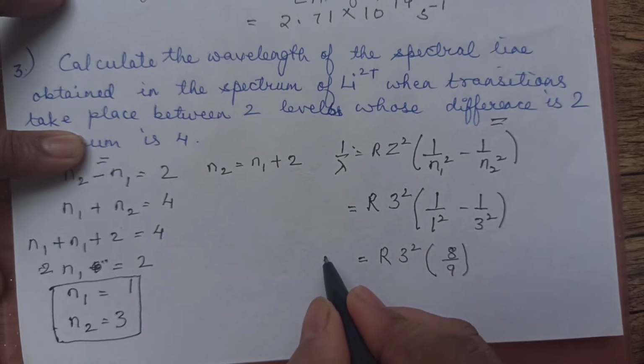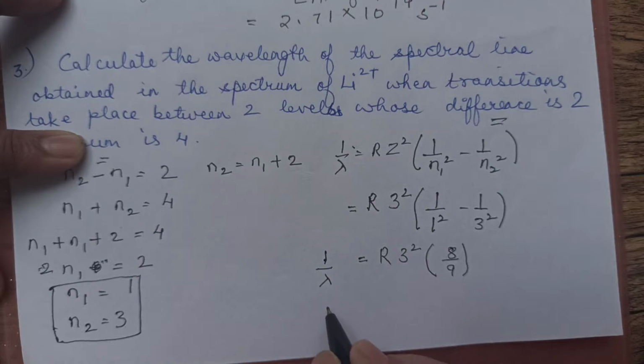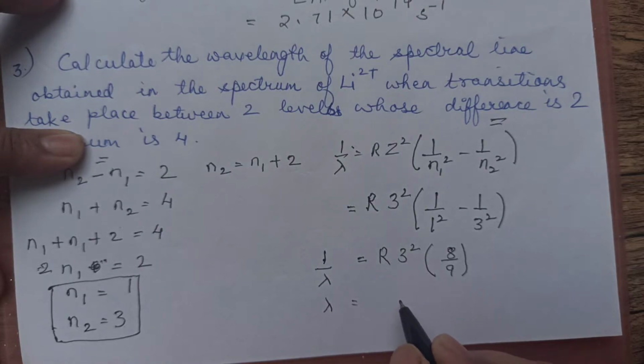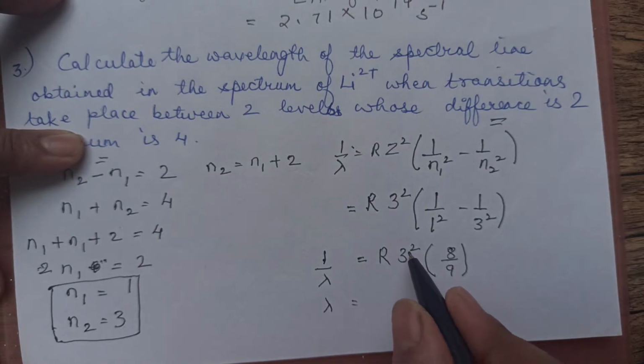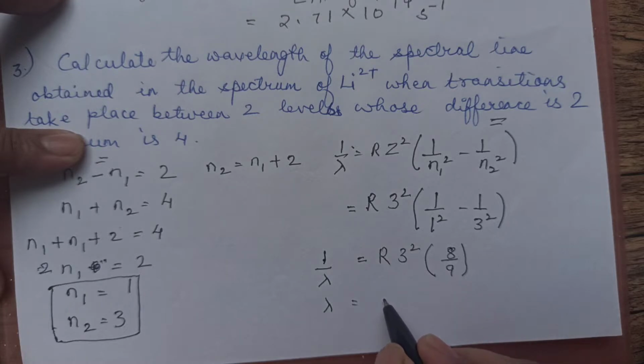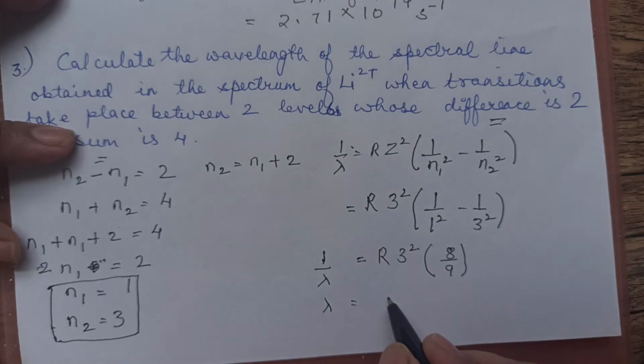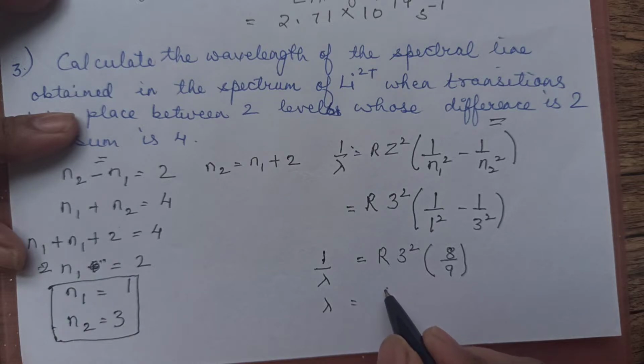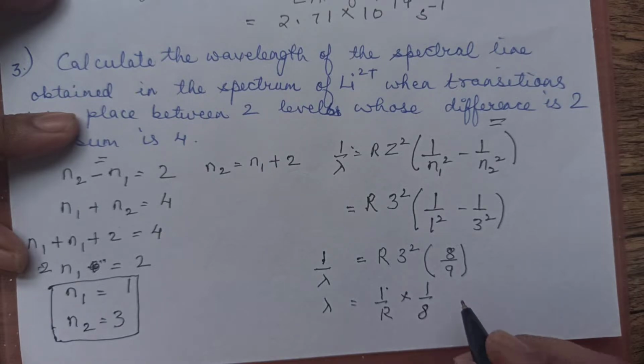This is still 1 by lambda. What is lambda then? Lambda will be equal to, that 9 will also get cancelled. What are you left over with? You are just left over with 1 by R, and then you are also getting 1 by 8.